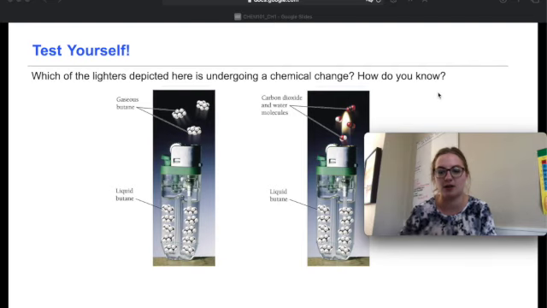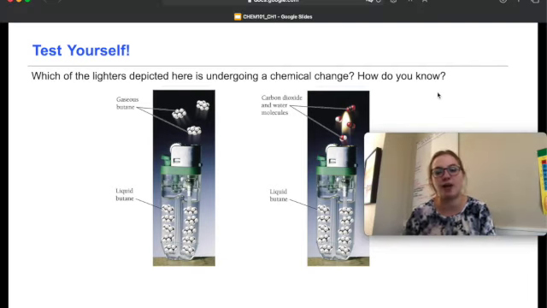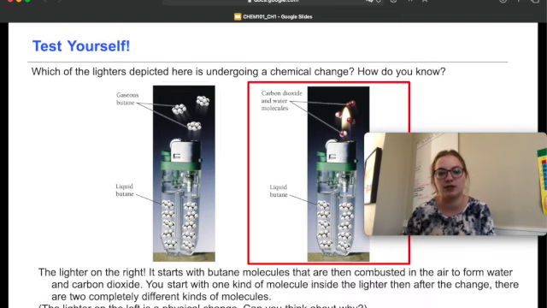All right, so which of the lighters here is undergoing a chemical change, and how do you know? Well, it's the lighter on the right. So if I look at what starts inside the lighter and what is happening outside the lighter, I can determine that this has been a chemical change. So in the right-hand lighter here, I see that I have liquid butane inside, but when it's lit on fire, I see that I have carbon dioxide and water molecules.